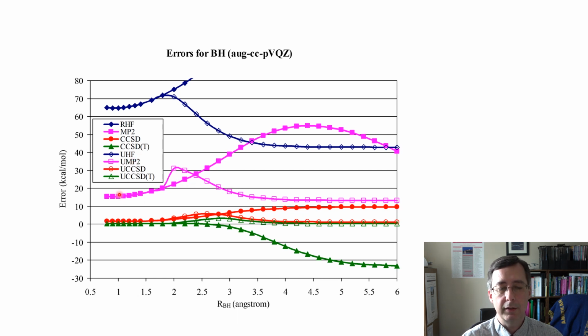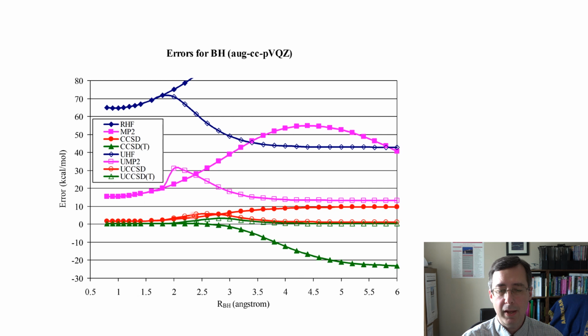That's not great, but it's better than the restricted case where the error goes from 15 way up to like 55 kcal per mole. So it's not at all parallel to the full CI curve, and that's pretty terrible. And then it starts crashing down here. If I look at Hartree-Fock, the restricted one is way off, and it's not parallel, and the energy goes way up. Unrestricted, it comes back down, but I have this kind of mess in between.